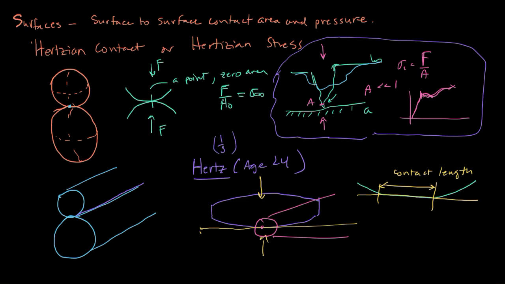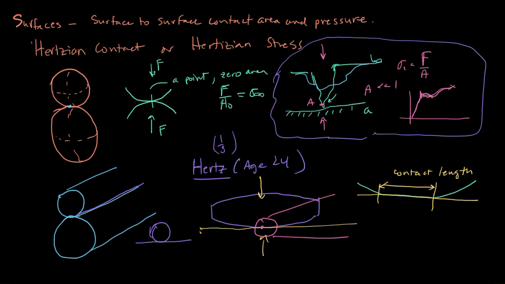Now, this type of contact shows up in a lot of different places. If you have rolling contacts between surfaces, you have roller bearings or needle bearings. Or if you have a ball on a plane, like a rail car or other type of rolling application, it shows up everywhere.